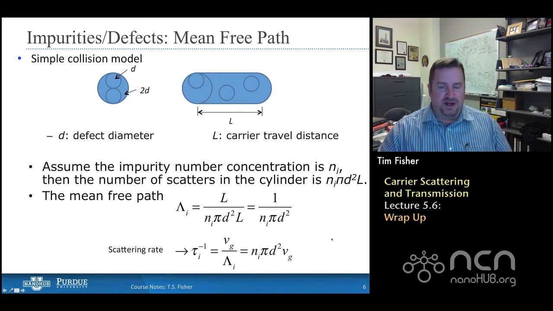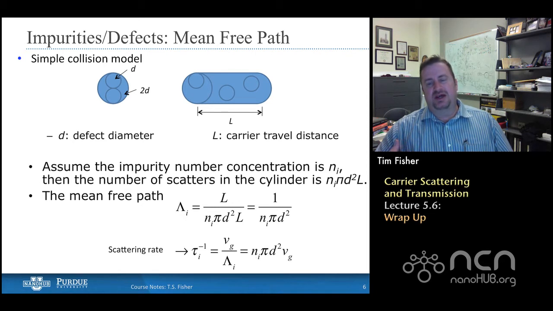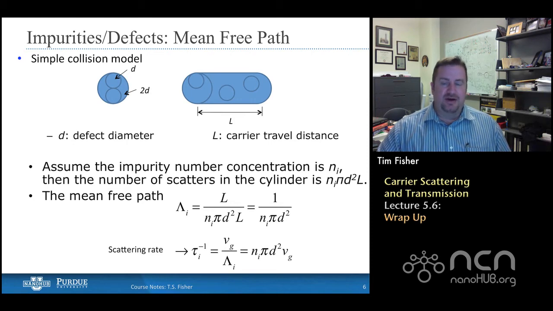And that turns into a nice clean scattering rate. And you can notice, and this is important, if I have a constant or uniform impurity number concentration, a defect diameter that's roughly constant, meaning the same type of defect generally in the material, and a constant group velocity, which, for example, for phonons would come from a Debye approximation, then the scattering rate itself will be a constant. And that makes it, again, very easy to treat in the Landauer formulation.